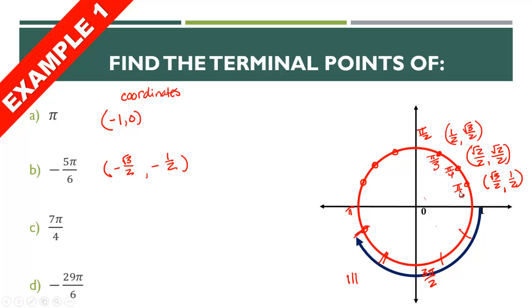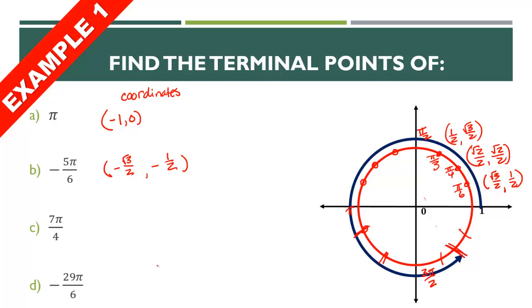Now 7 pi over 4. Again, now that's going positive, so we're going to go pi over 4. We're talking basically half of a quadrant right there. So we go around, even though that went the wrong way. 7 pi over 4 takes us all the way around to right here. Alright, so if this is pi over 4, this is 3 pi over 4, this is 5 pi over 4, 7 pi over 4, we're good.